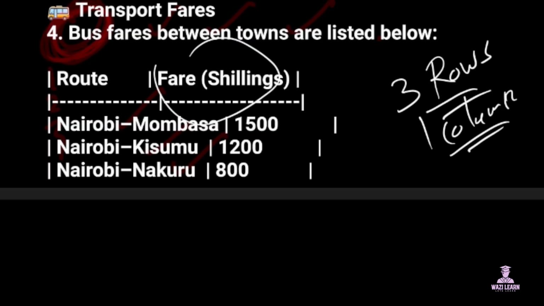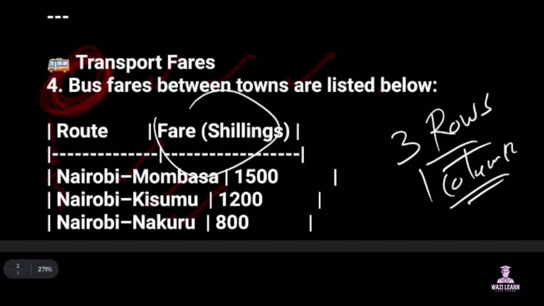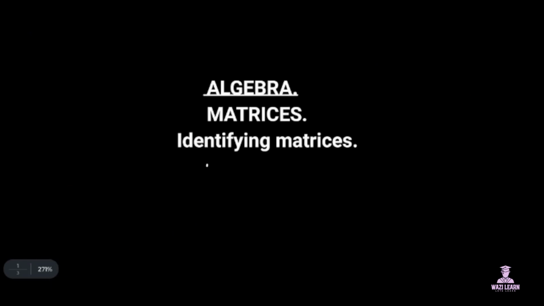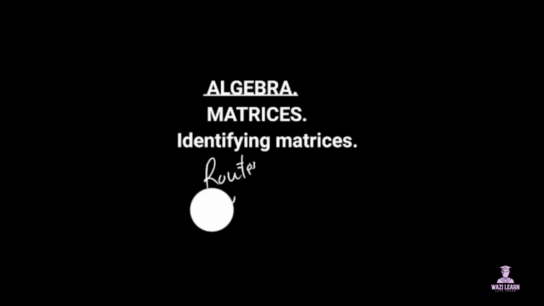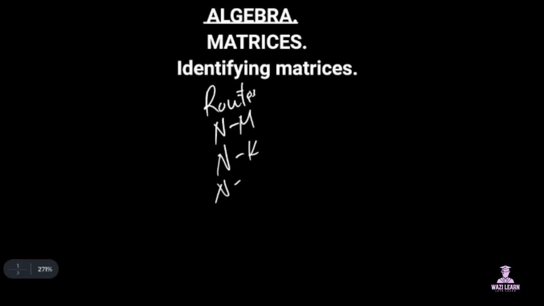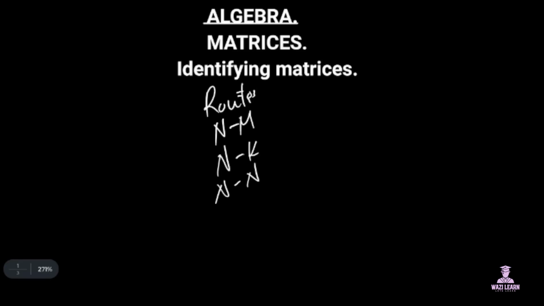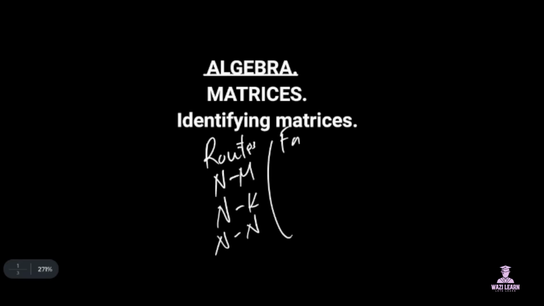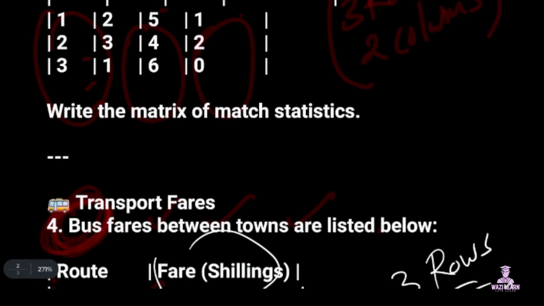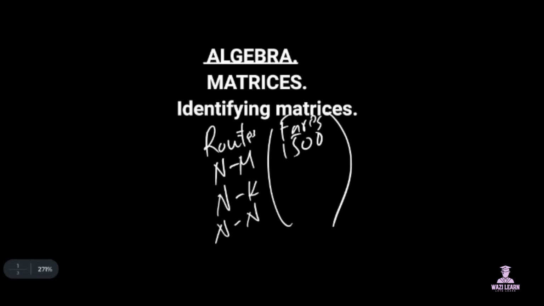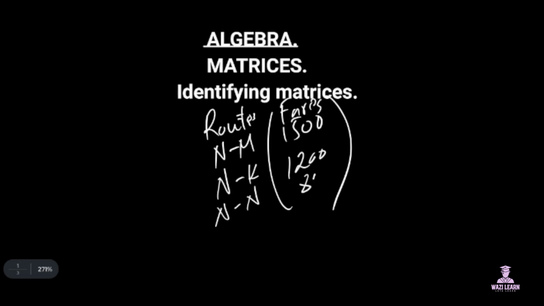Transferring this to the working area, we have routes: Nairobi to Mombasa, Nairobi to Kisumu, and Nairobi to Nakuru, and the fares will be 1,500, 1,200, and 800.